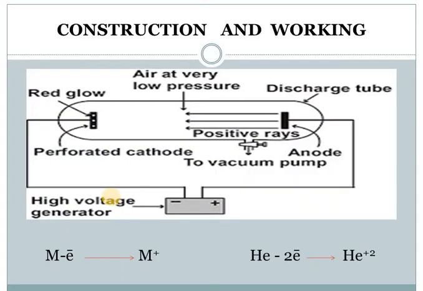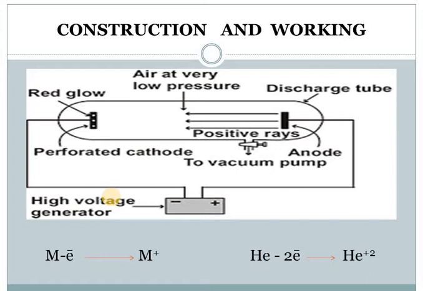If you see the diagram, we can see that there is a perforated cathode, and this perforated cathode basically has holes in it. You can imagine that you have a thick sheet and in that sheet you have made holes. Something of smaller size can pass through those holes, which we are naming canal rays.